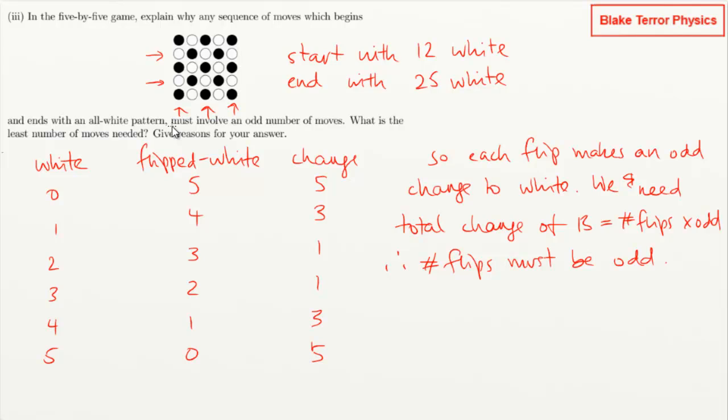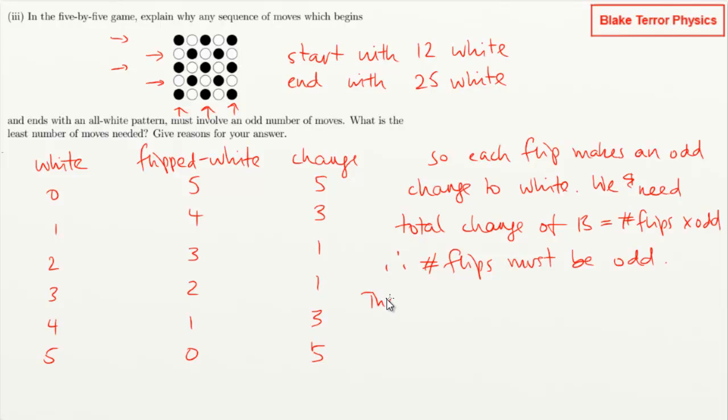I mean, the most we can change when we start off, we can't do better than 3 on the first 2 flips, can we? Even if we went for this one and this one, yeah, if we start, we can't do better than that.